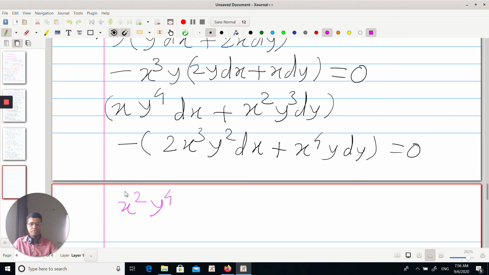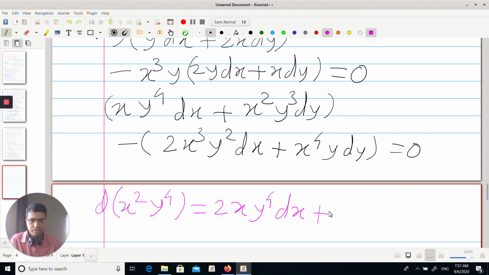Its differential is 2 times x y raised to 4 dx, as we are differentiating the first term x square, and now using the product rule on the second term, plus 4 times x square y cube dy.